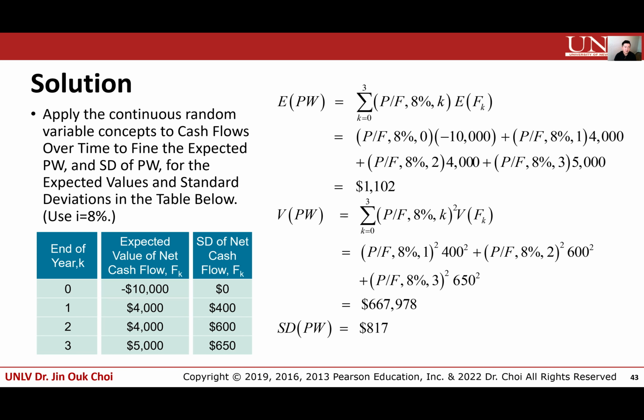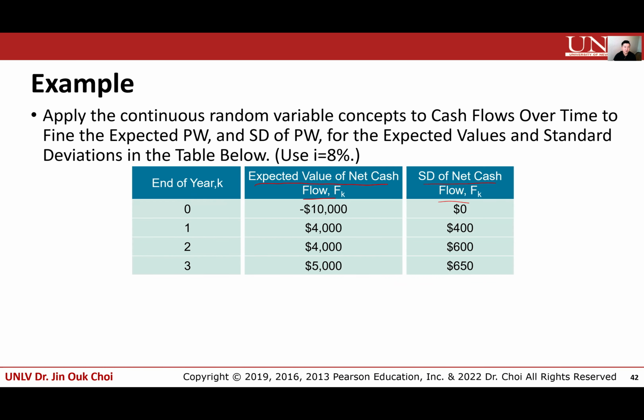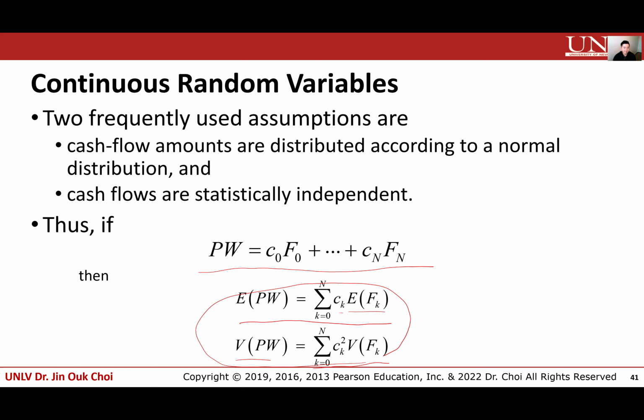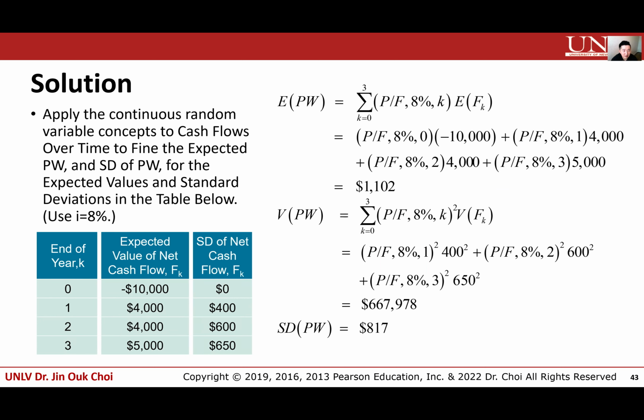If we solve that using the equation from the previous one, we just convert all the cash flow values to present worth at year 0: the initial investment of 10,000, and years 1, 2, and 3 at 4,000, 4,000, and 5,000, which will give us $1,102.